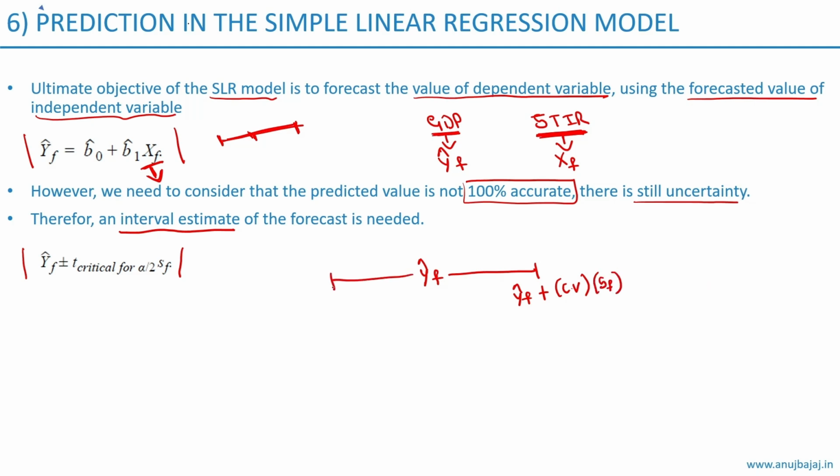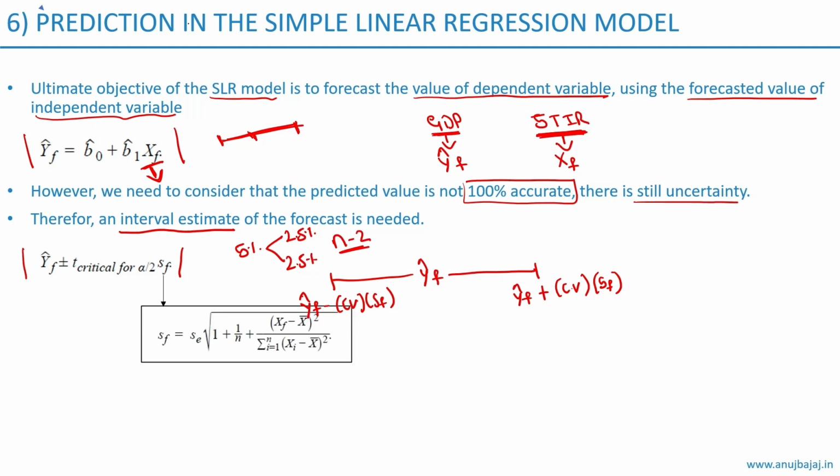And the lower boundary of the interval will be the forecasted value minus the critical value multiplied by standard error of forecast. Because it's a two-tailed test, for a 5% level of significance, the critical value will be calculated using 2.5% level of significance for the right side and 2.5% for the left side. And the degree of freedom will be n minus 2.